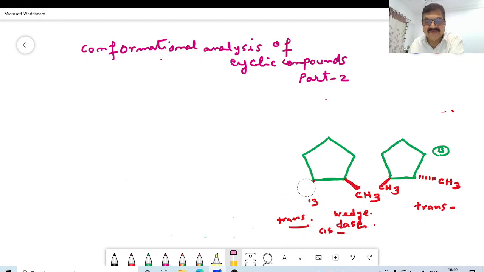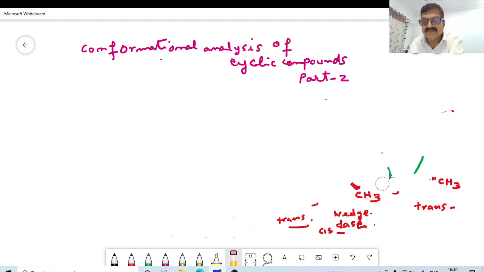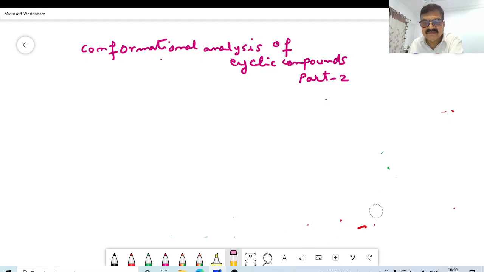That will be interesting for you. So we will be taking up 1,4-dimethyl cyclohexane.